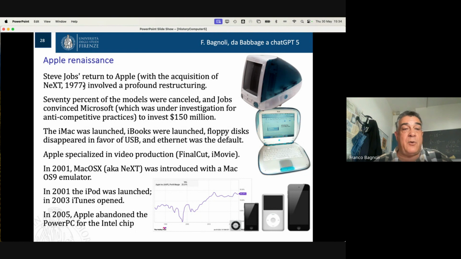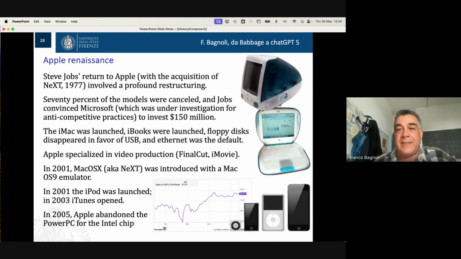Steve Jobs required Apple to buy his own NeXT, and started to launch a number of things that appeared really as a new way of thinking about computers.